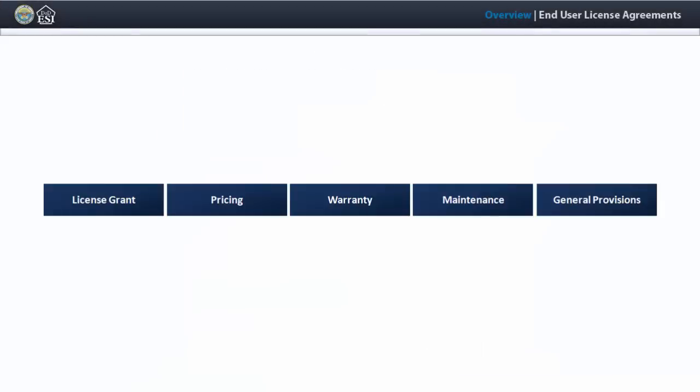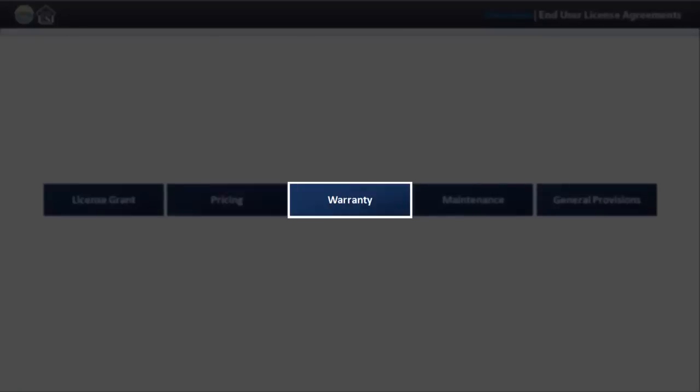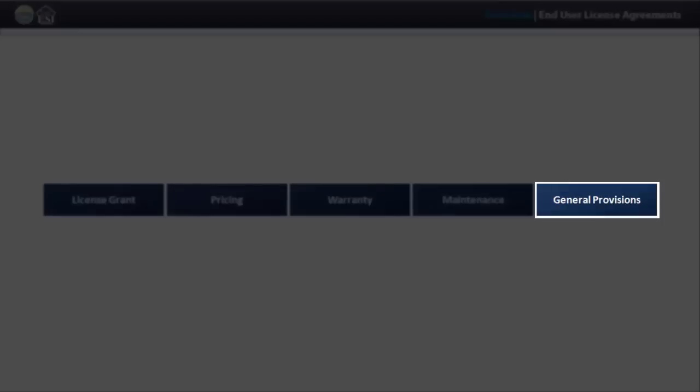Now we will take a brief look at the standard clauses in a EULA. Please note that the clauses will be covered in greater detail in the other tutorials in this series. The 5 basic categories involved in a EULA are license grant, pricing, warranty, maintenance and support, and general provisions.